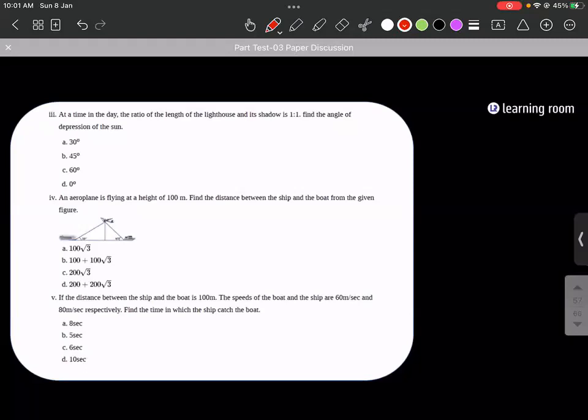Let me check here. Wait, where did you lose 11.5 marks? All those questions you got clarified?